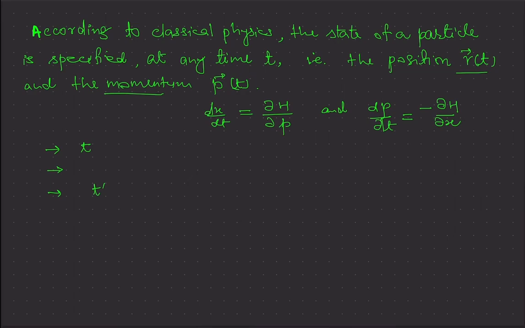The quantum mechanical counterparts to these ideas are specified by postulates which enable us to understand how a quantum state is described mathematically at a given time t, how to calculate the various physical quantities from this quantum state, and also, knowing the system's state at a time t, how to find the state at any later time t prime, that is, how to describe the time evolution of a system.